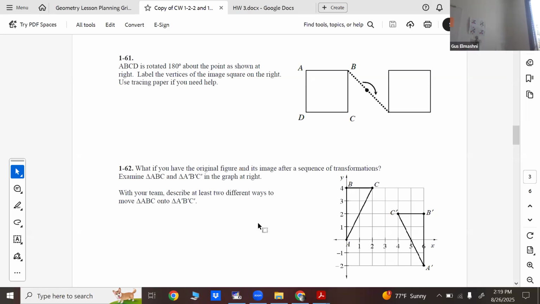Let's see here. Rotates. Yeah, you should know where the points fly. So basically they're all upside down. Yeah, I'll check.